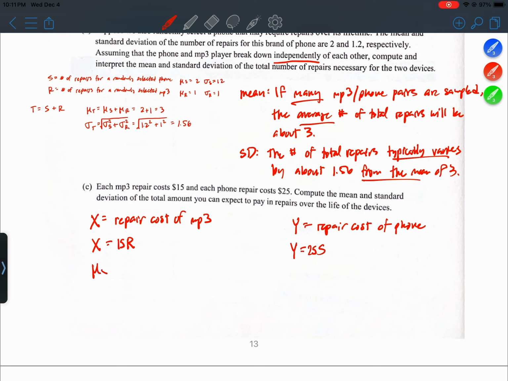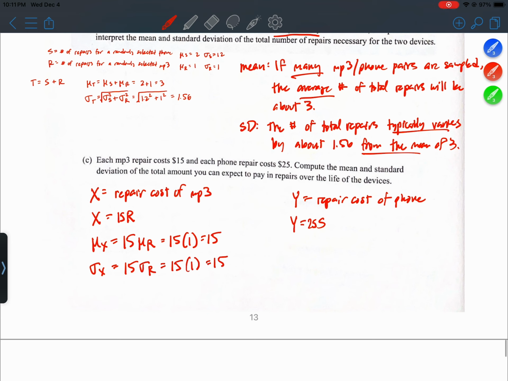Okay, so let's write this down. The mean of X is going to be 15 times the mean of R. That's 15 times 1, so $15. The standard deviation of X is just 15 times the standard deviation of R. That's 15 times 1, so $15. The mean of Y is 25 times the mean of S, which is 25 times 2, which is $50, right?